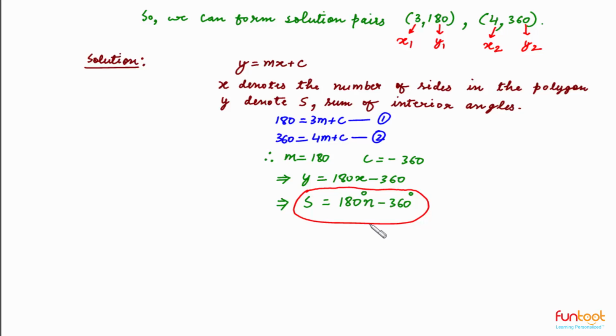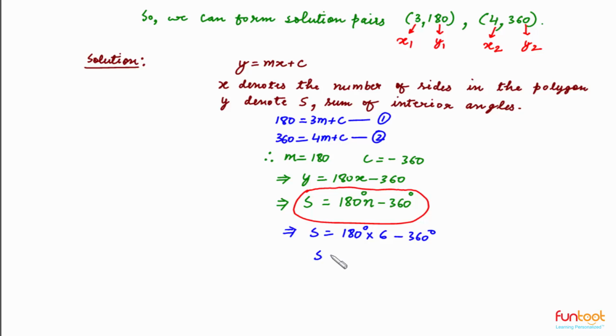Now let us check whether this is true or not. If this formula is true, if we put n is equal to 6, that means for a hexagon, the sum should come out as 720 degrees. So let's check this. S will be equal to 180 degrees multiplied by 6 minus 360 degrees.